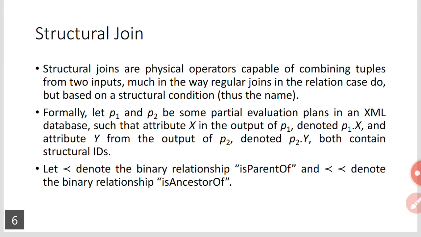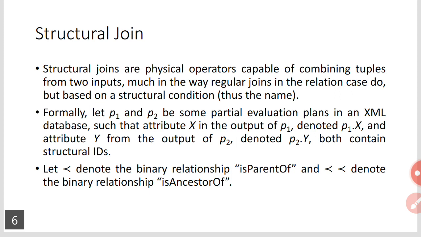There is an equijoin condition, and based on that condition the tuples from the two tables are combined. In structural join there is a structural condition instead of an equijoin condition, hence its name.